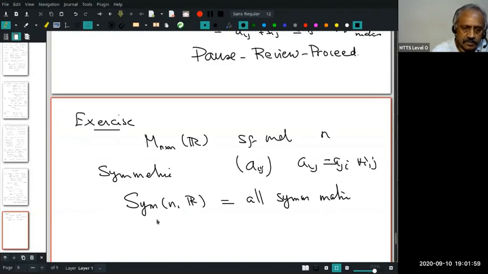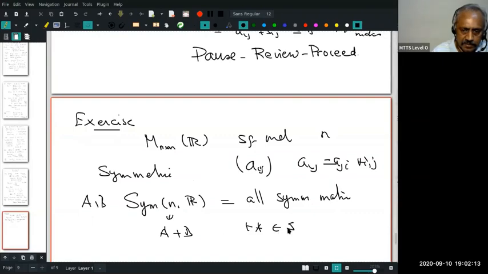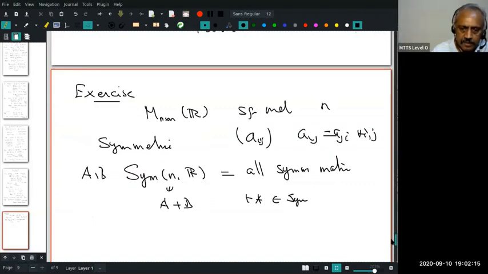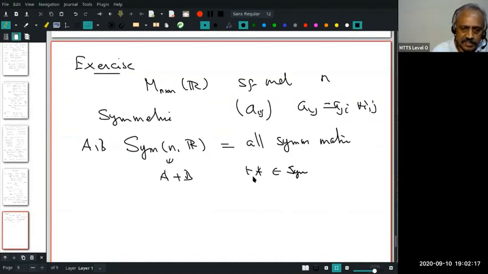Okay. Since we are given any two symmetric matrices, I know how to add them. But you can see if A and B are symmetric, A plus B is also symmetric. And similarly, if t is a scalar, t times A is also symmetric. Therefore, you have vector addition and scalar multiplication. Therefore, what do I want you to prove?